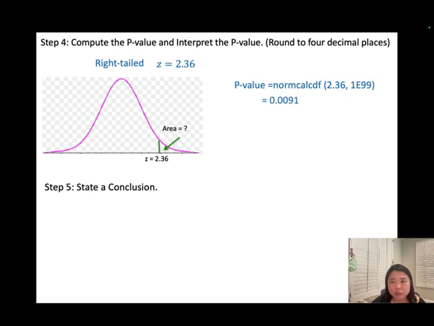You should get 0.0091. Okay, compare with your significance level. That will be reject, right? Less than or equal to 0.05.